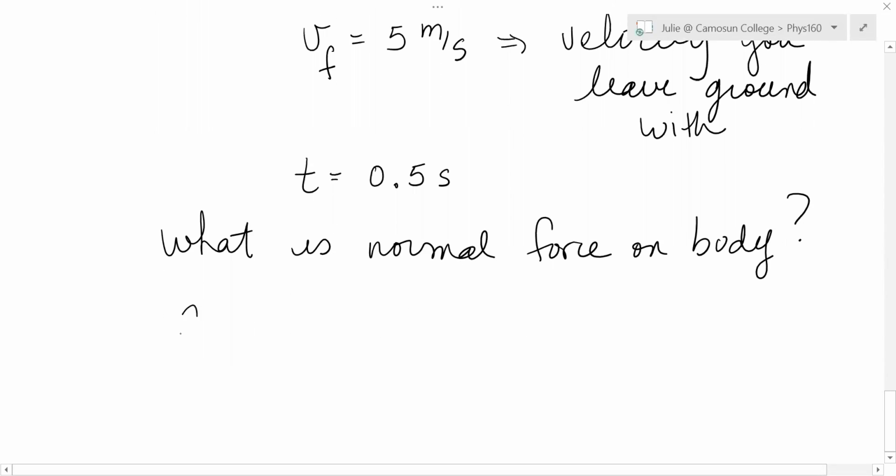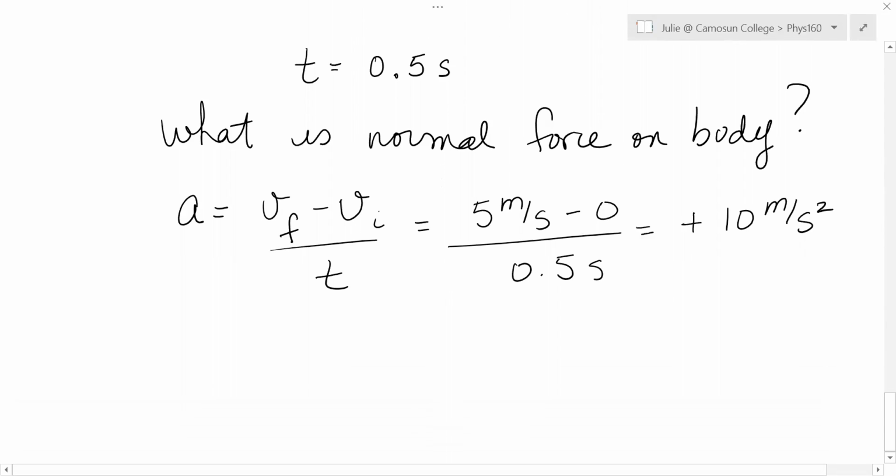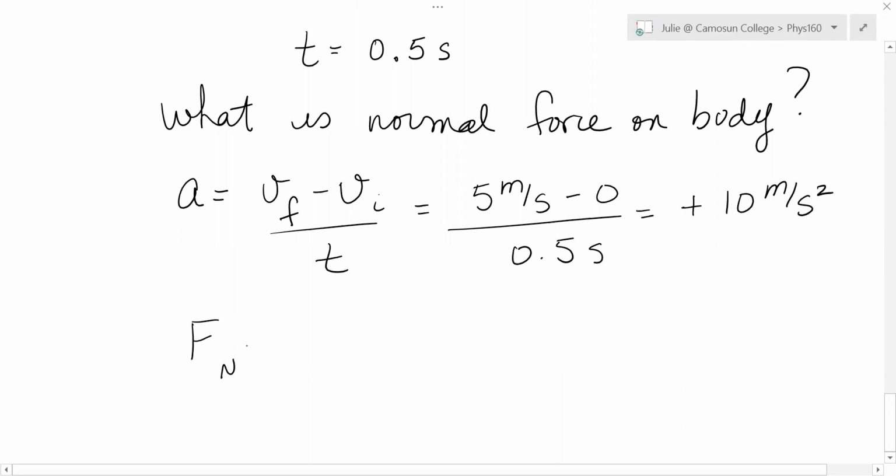So let's get our acceleration. It's VF minus VI over t. So VF is 5 minus 0 over half a second. This is plus 10 meters per second squared. That's independent of the 9.8. This is just from you pushing off. And so the normal force, if we use that equation, it's very handy. And that's a positive acceleration because your Fn is up. Fn is m times (g plus a).